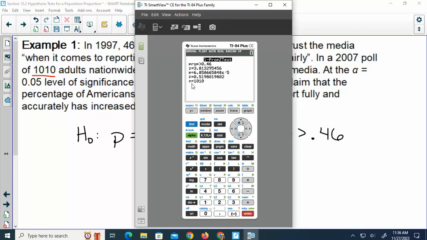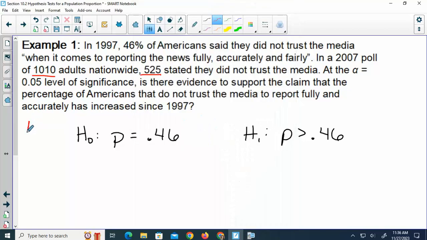So when we do them on our calculator, we need to know the x, the n. You still have to write your null and alternative. Then when you get to the end, I would expect you at the very least to write down your probability.